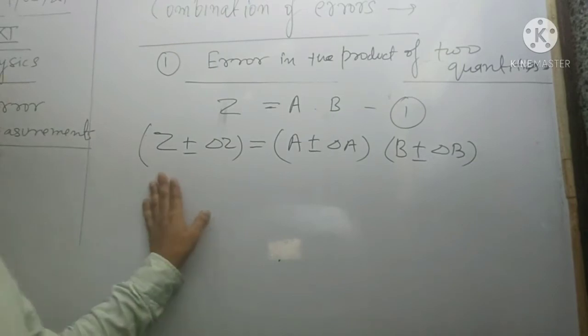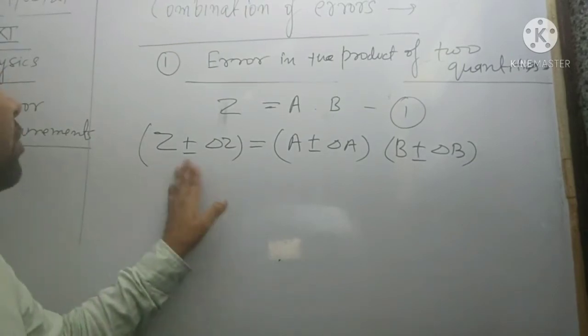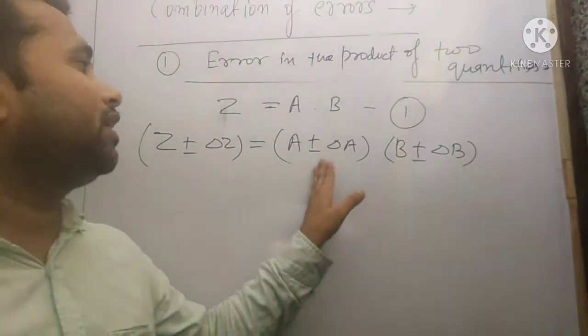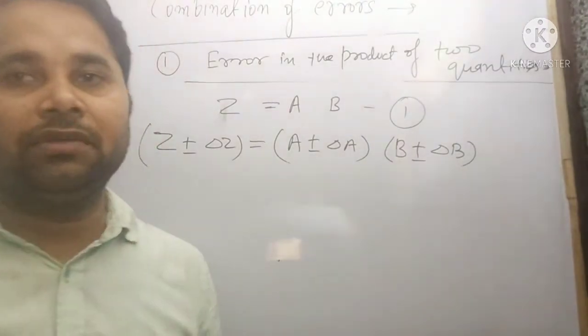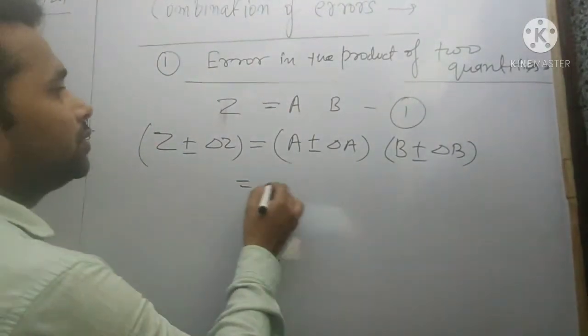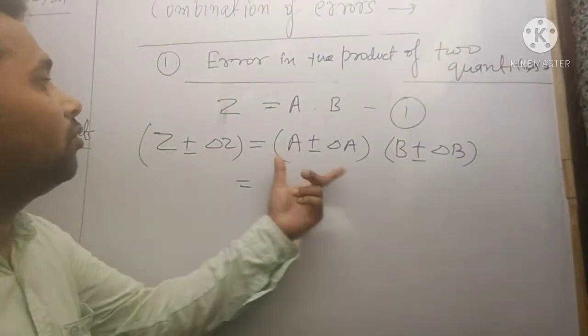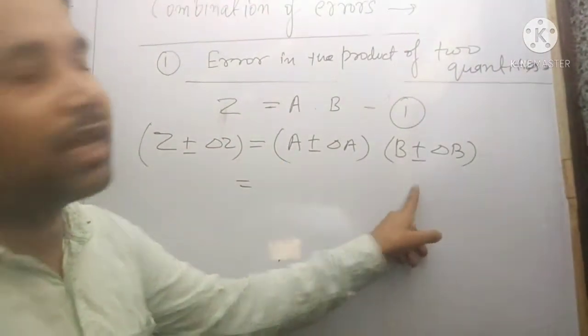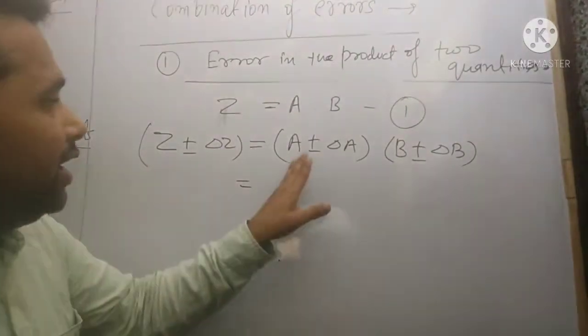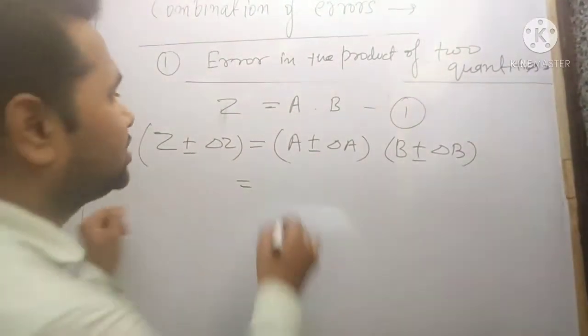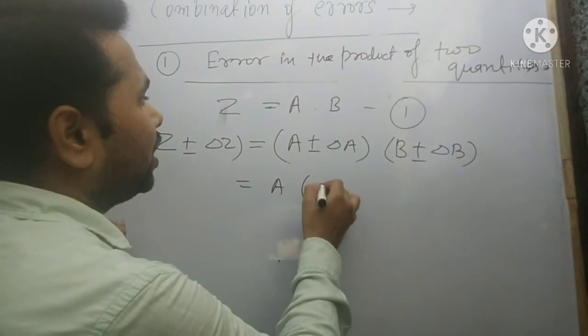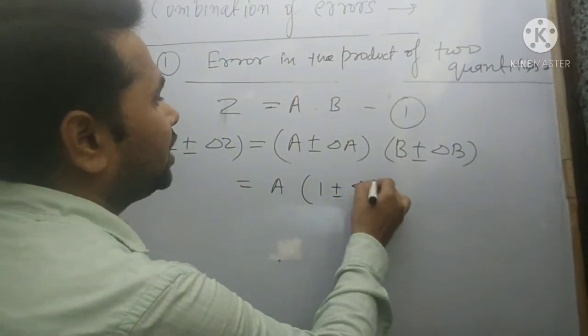So finally we can express z plus minus delta z equals a plus minus delta a times b plus minus delta b. Now see, we can take the common a from the first bracket and b from the second bracket. Taking a common from the first bracket, this is a times 1 plus minus delta a by a.